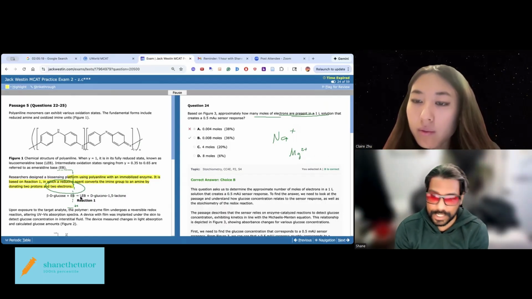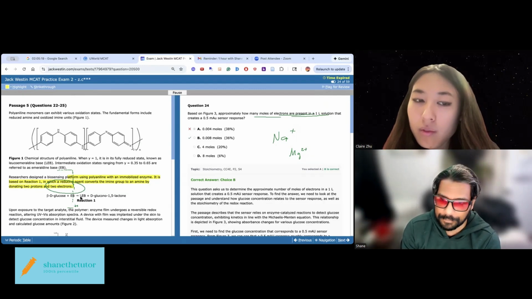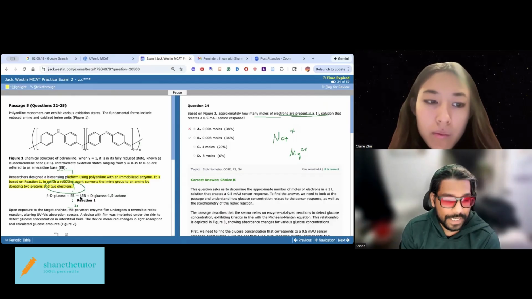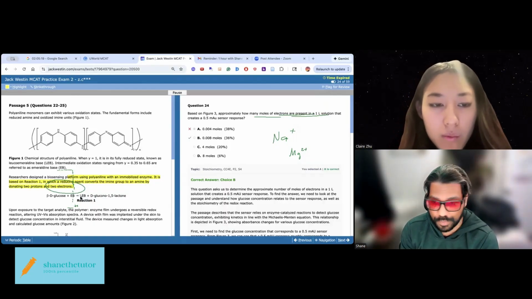So usually for metals and redox, you're going to have a 1 mole or 2 mole amount of electrons. So what they're telling us here is that in this redox reaction, 2 electrons are present.